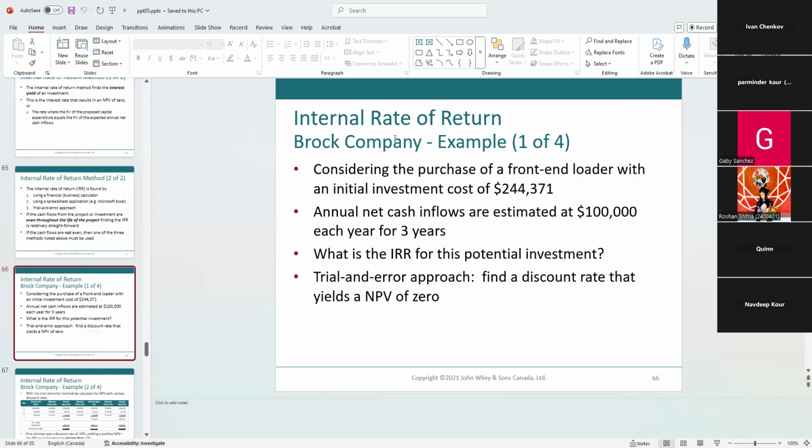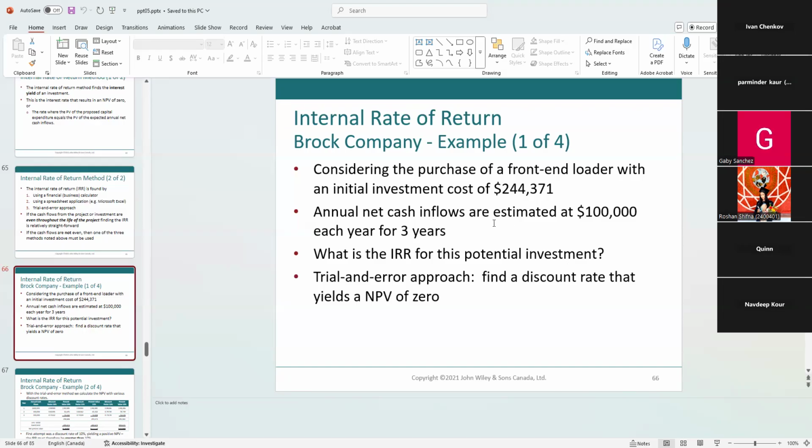The internal rate of return example will consider the purchase of a front-end loader, with an initial investment cost of that much. Annual net cash inflow is estimated at $100,000 for each of the 3 years. The question is, what's the internal rate of return of this potential investment? How much are we going to get?